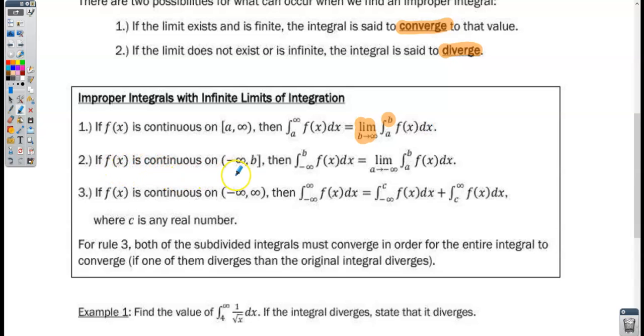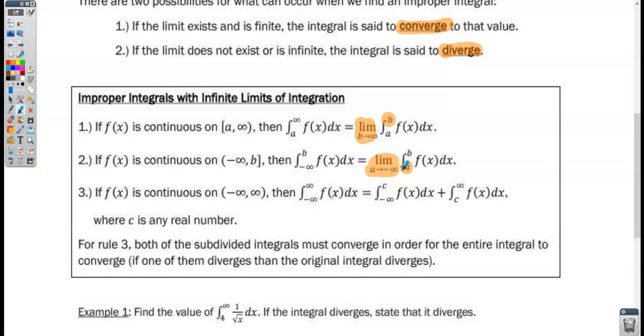Same thing if we have a function that's continuous from negative infinity to some point b, and we're taking the integral from negative infinity to b of the function, we can replace the negative infinity as the lower limit of integration with a letter. We like to use a, and then find the limit as a goes to negative infinity of this expression.